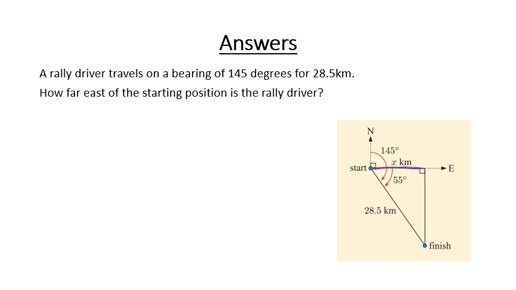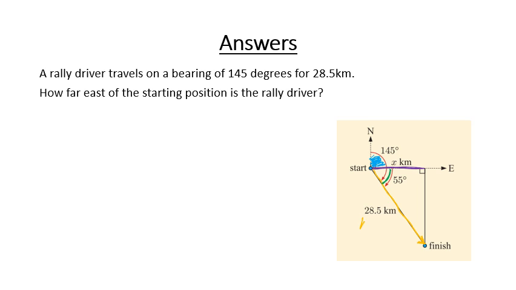So they've gone along this line here, which is our hypotenuse, for 28.5 kilometers. We know that this angle here is 90 degrees, and we know the total is 145, so that means that this angle must be 55 degrees.